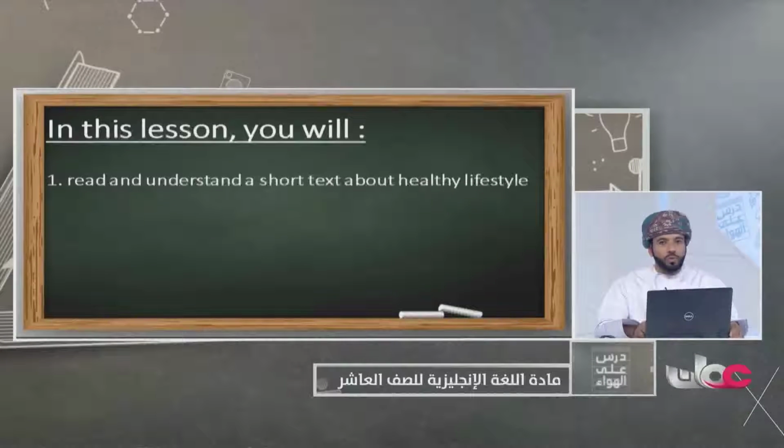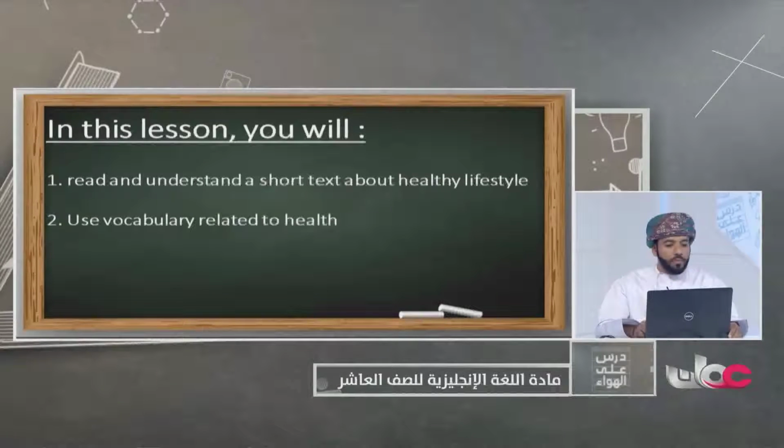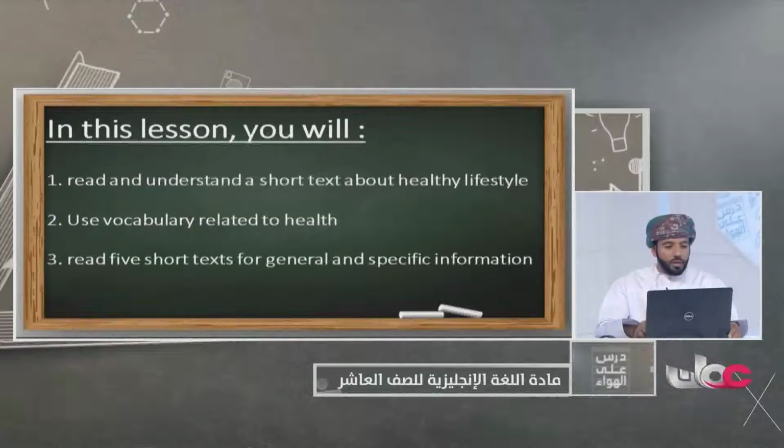We are going to know the meaning of a healthy lifestyle. Number 2, you are going to use vocabulary related to health. Then you are going to read 5 short texts for general and specific information. And at the end, you are going to write a piece of advice.